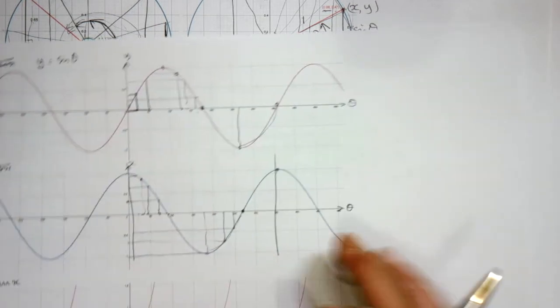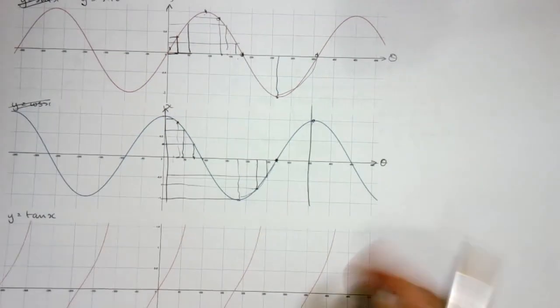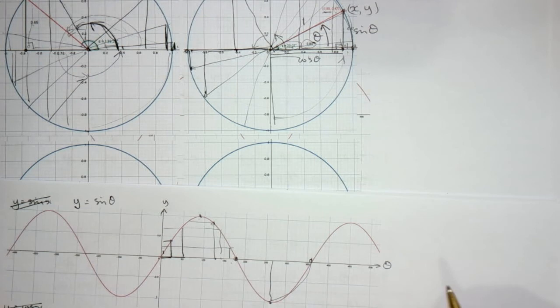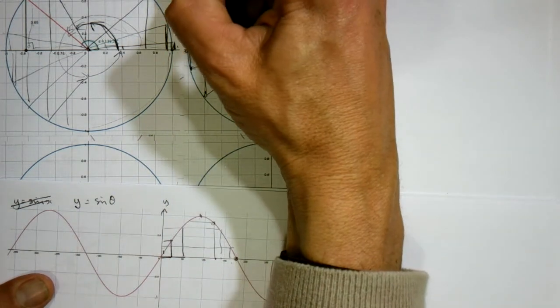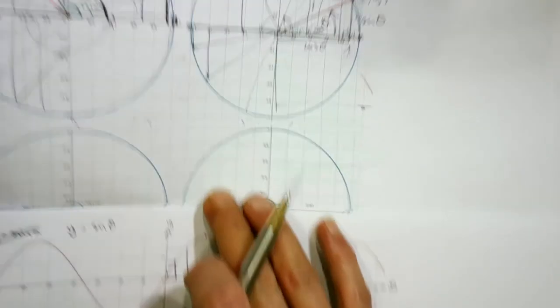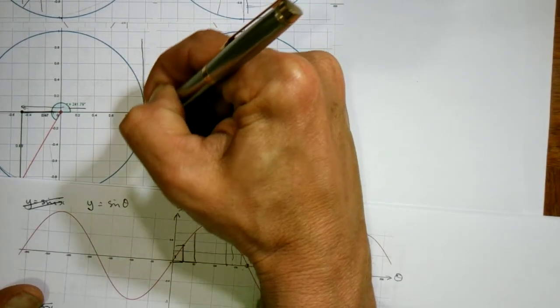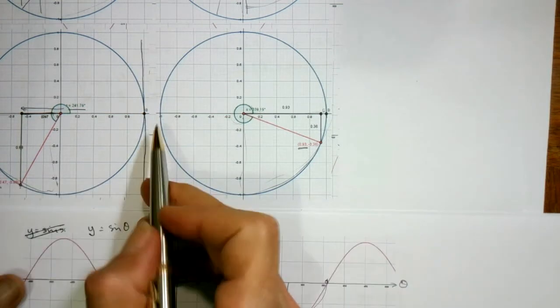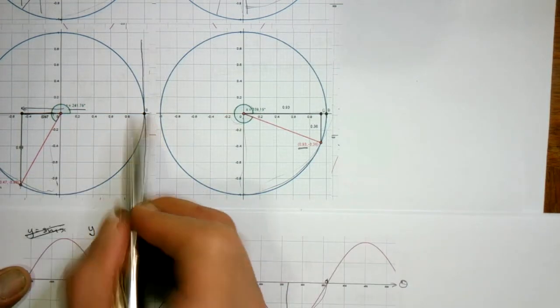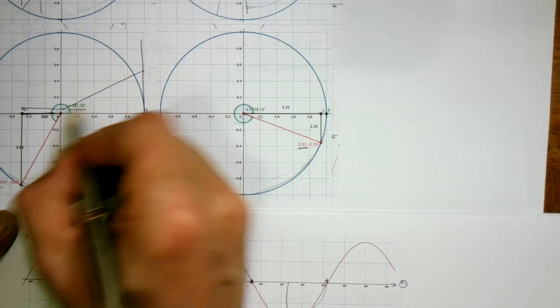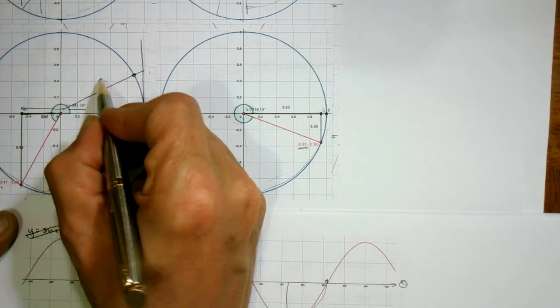And the tan graph, I'll let you find out that for yourself, but essentially if we draw, let's do one of these other ones that I've not used yet. If I draw a tangent to the circle at x equals 1 and draw an angle here, there's my length 1.